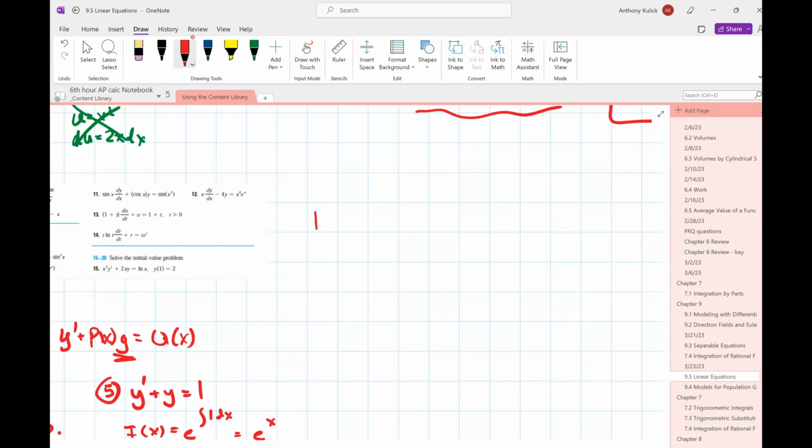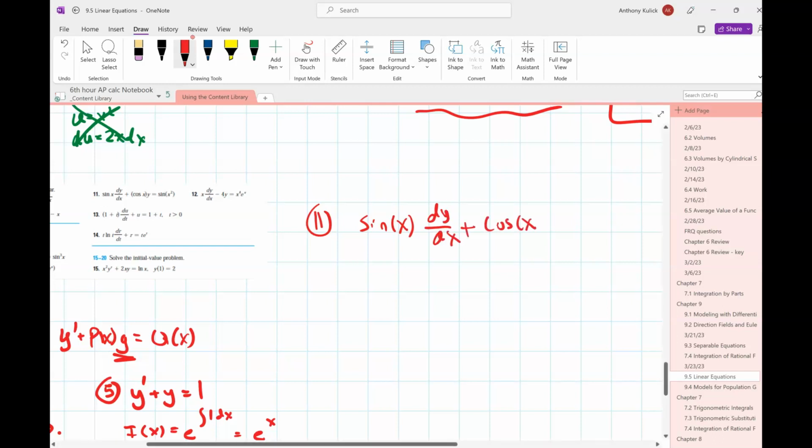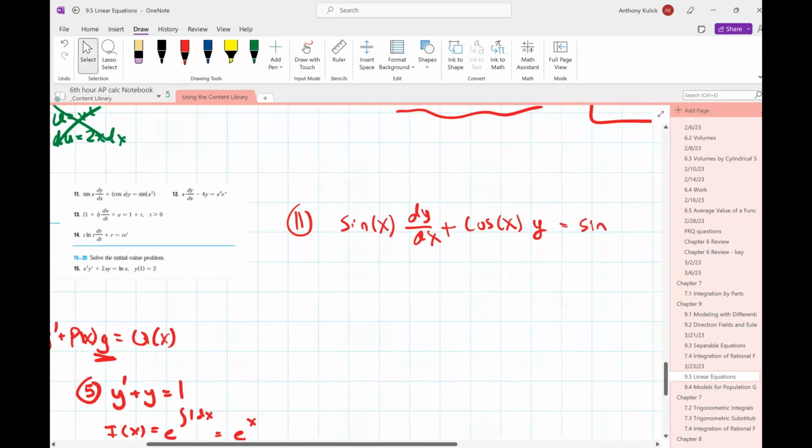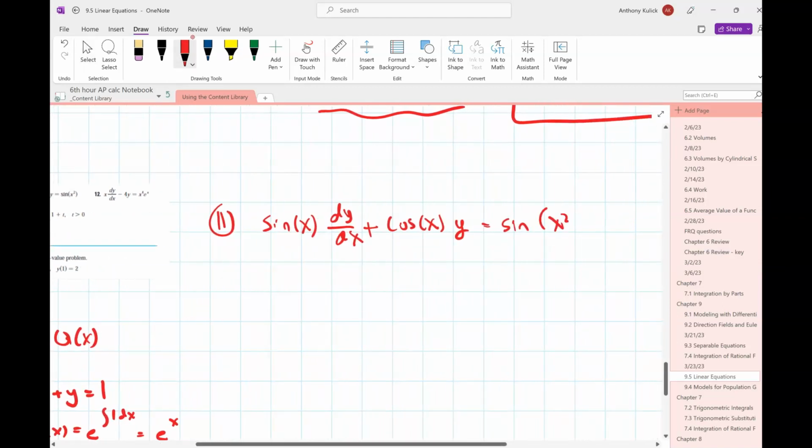Okay. So 11, we have sine x dy dx plus cosine x y equals sine of x squared. Yuckarooskies. That sine of x squared I hate. All right, first step would be to get this in the linear form, so I'll divide both sides by sine x.